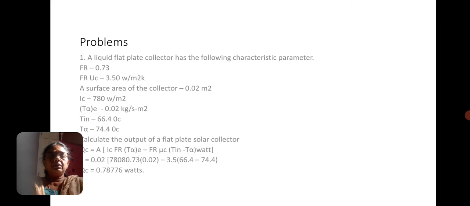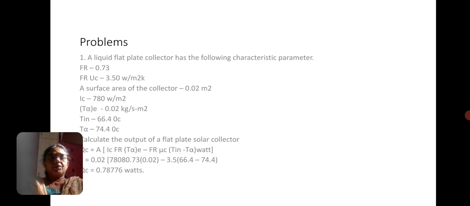While doing the theory part, I had explained QC, the amount of heat produced or absorbed. That is QC is equal to A of IC into FR into tau alpha minus FR UL into T in minus T out, in terms of watts.